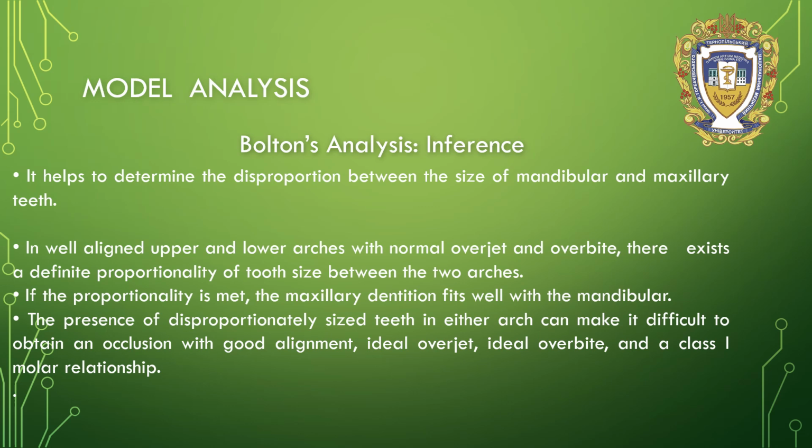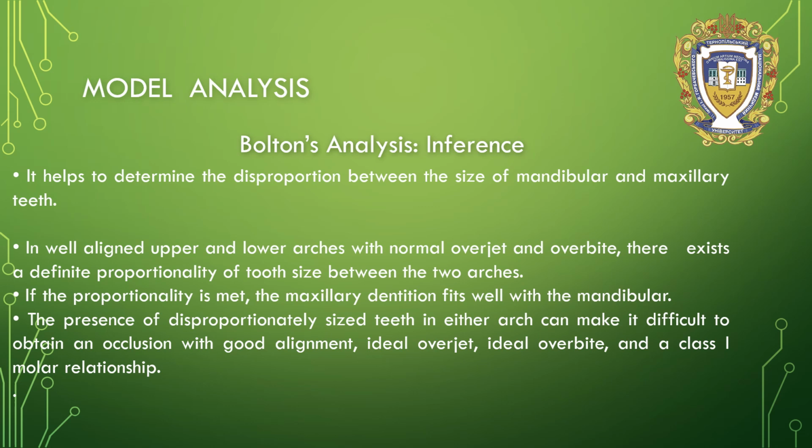Instead, overbite is the vertical covering of the lower incisors by the upper incisors. Overjet is a horizontal measure, but overbite is a vertical measure. There exists a definite proportionality of tooth size between the two arches, upper and lower.